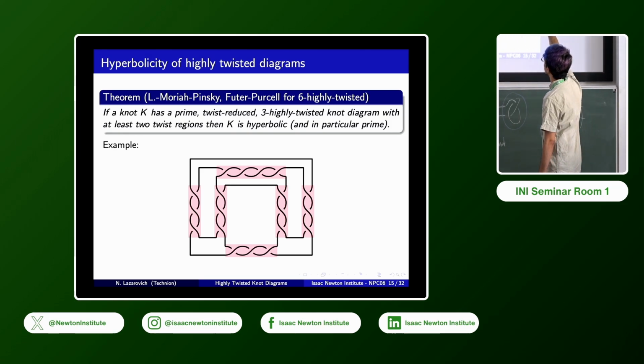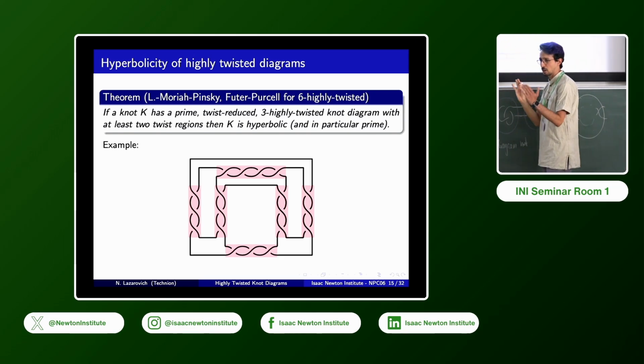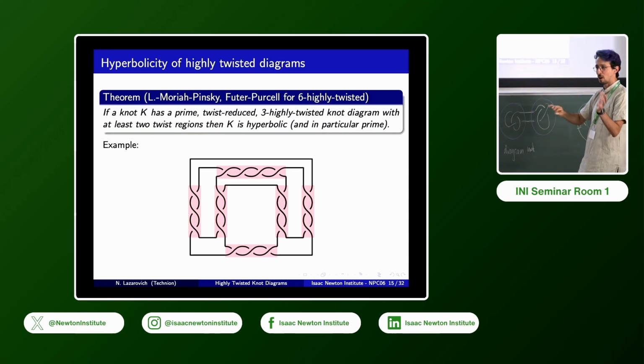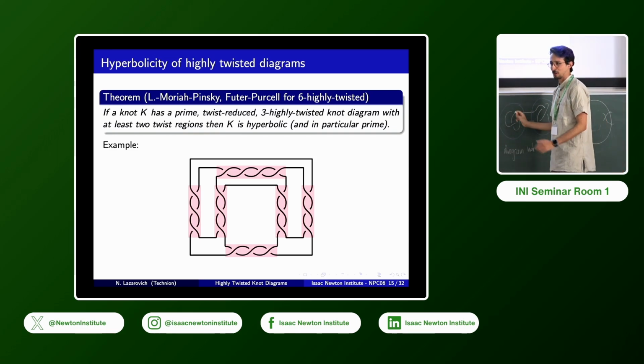Yeah, I understood, but then in the conclusion you say the knot is prime. Yeah, in particular the knot is prime. What does it mean? The knot is prime means that you cannot separate it using a sphere, but you don't know how the sphere looks. It's not this simple kind of thing.